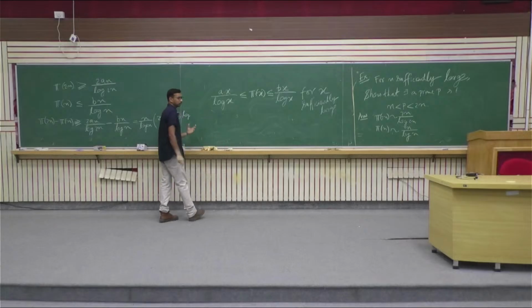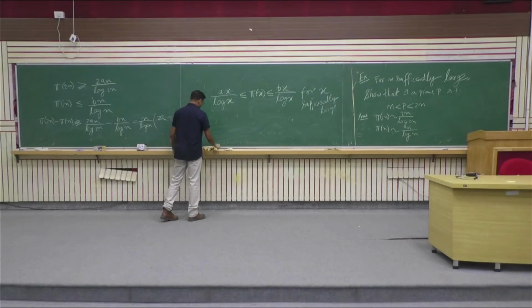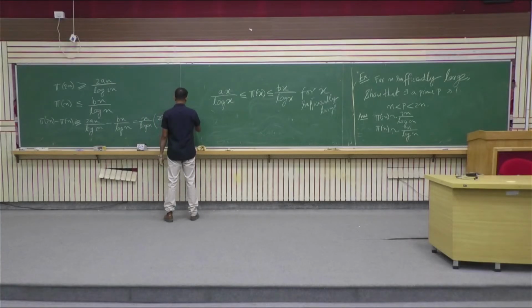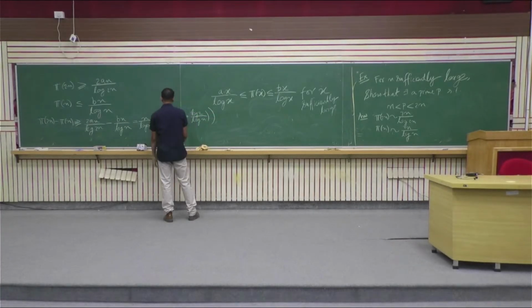And log 2n is log n plus log 2, so it will be just 1 plus log 2 by log n.